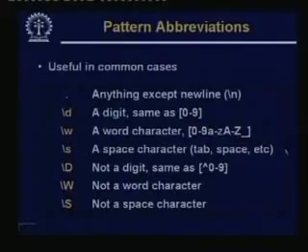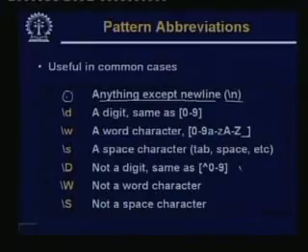There are some pattern abbreviations you can use in specifying more complex regular expressions. A simple dot means any single character except newline. So if there is a dot in a regular expression, it can represent any character.